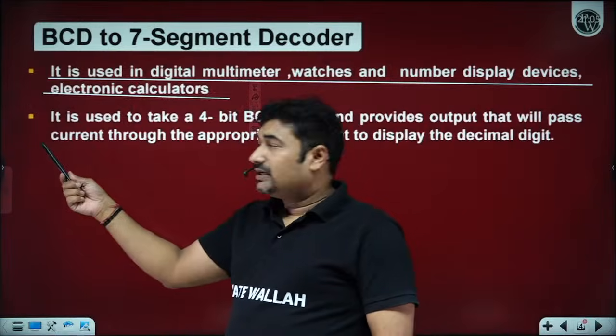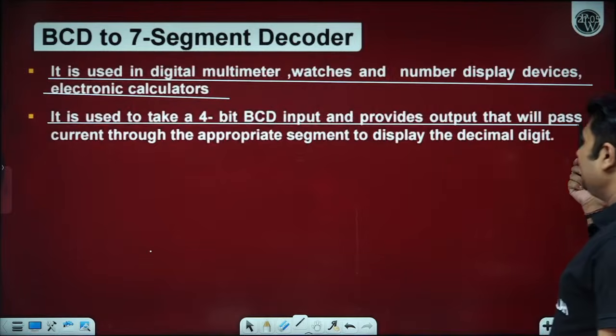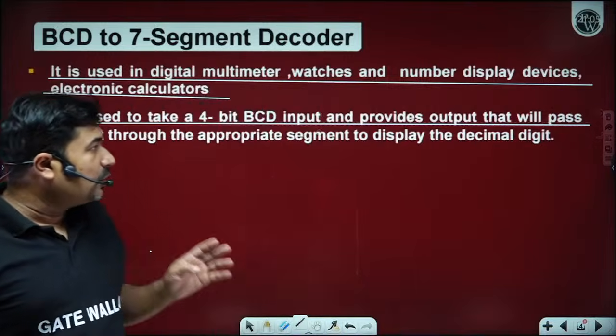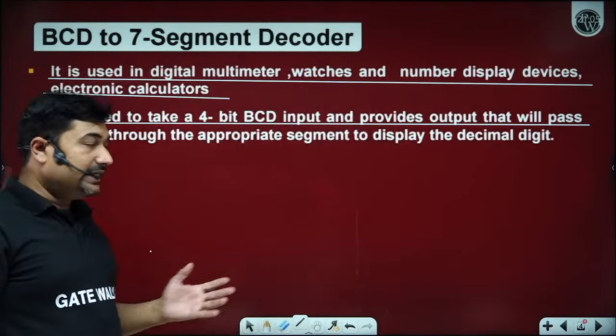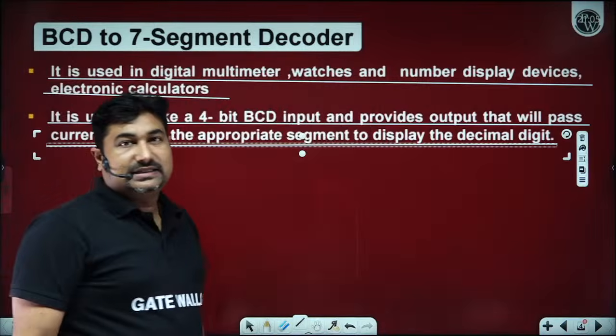How does it work? It takes a 4-bit BCD input and provides output that will pass current through appropriate segments to display the decimal digit.